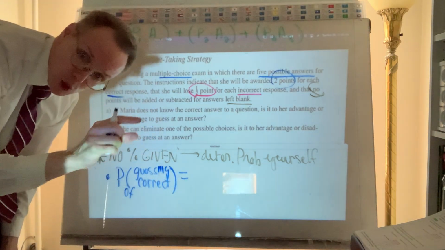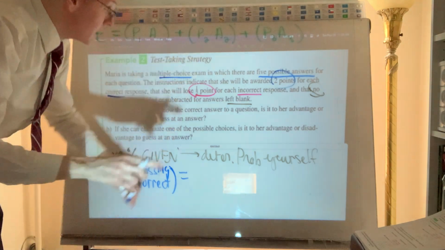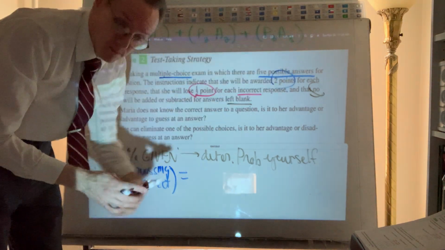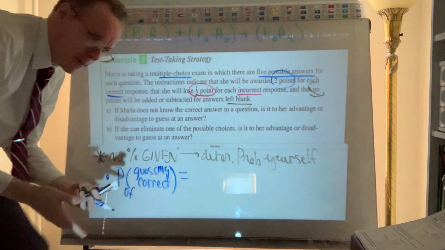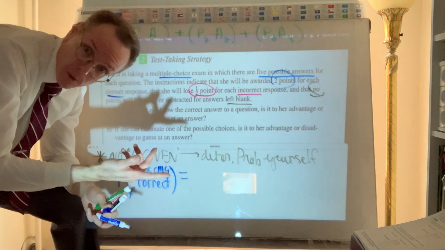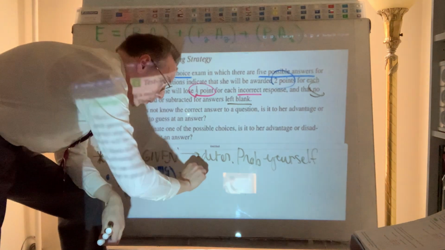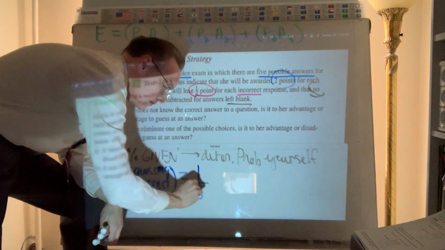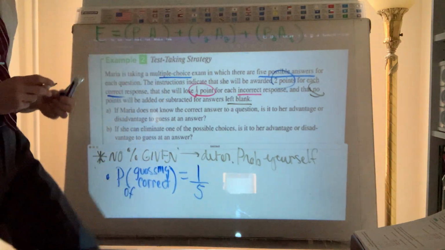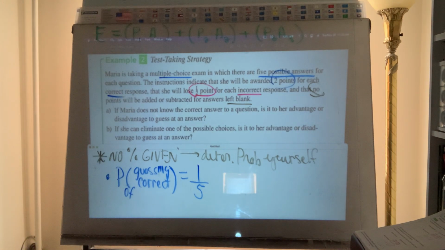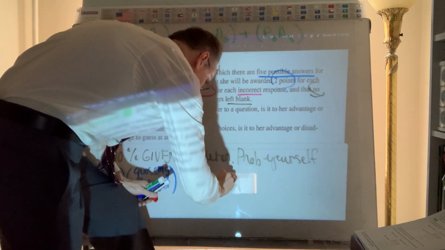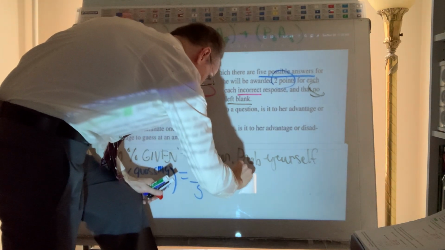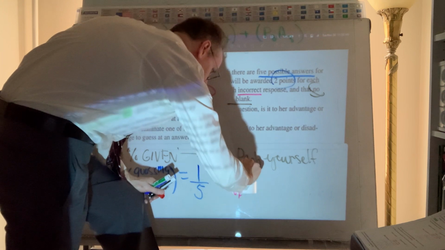For each individual question, if there are 5 possible choices for a multiple choice, how many are going to logically be correct? All right. 1 out of 5 would stand to reason, right? Now, simultaneously, we're going to need to figure out this additional probability, the probability of not correct.